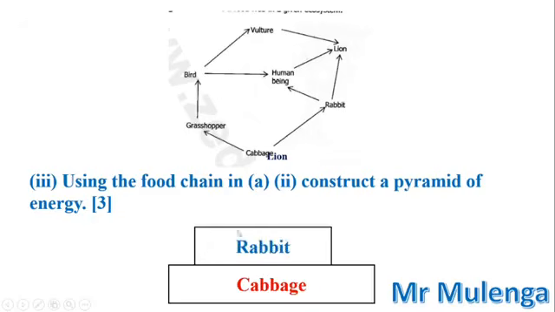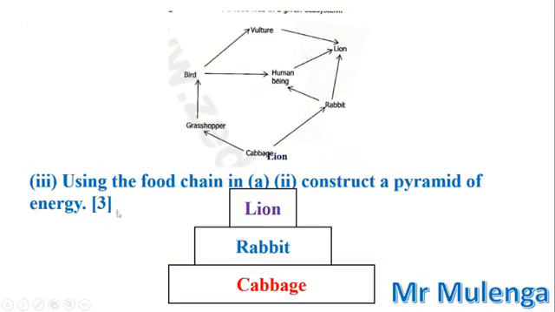The rectangular box for rabbit is going to be small because as we move from one trophic level to the next, the amount of energy will keep on decreasing. So this is rabbit. Then lastly, we are going to have lion, which is a tertiary consumer. So I have constructed the pyramid of energy nicely, as you can see.